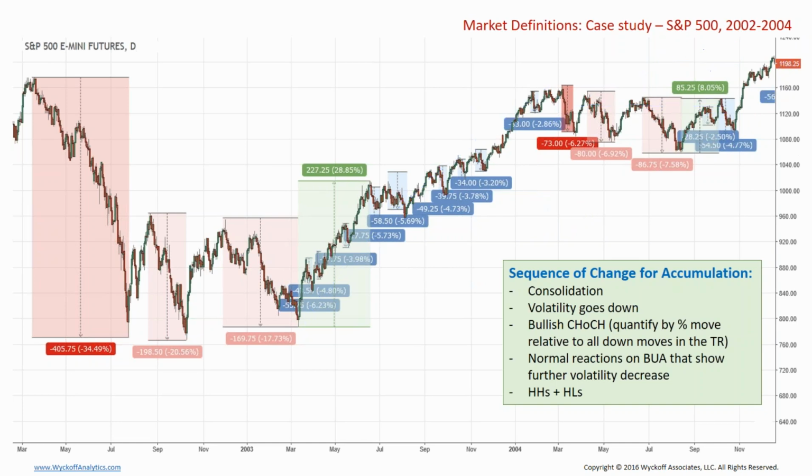How do we do that? Well, obviously, we're going to go through the structural analysis, and we're going to talk about the number of tests, the second point of fear, phase C, change of character on the way out. But on the supply and demand side, what we would be interested in is a decrease in volatility if this is a reaccumulation, and an increase of volatility to the downside and a decrease of volatility to the upside if this is a distribution.